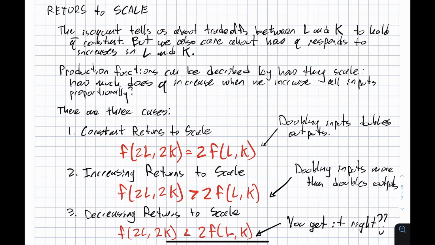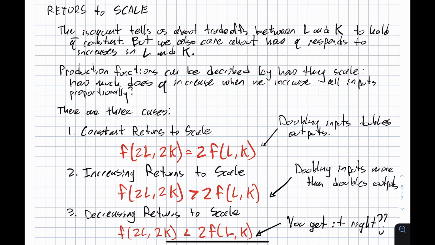So we're going to talk about the returns to scale here, which is a way of characterizing how production functions change when we scale up the inputs. So the isoquant tells us the trade-off between L and K, but what happens when we move both at the same time?